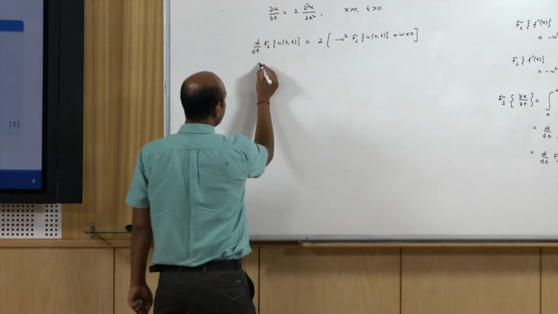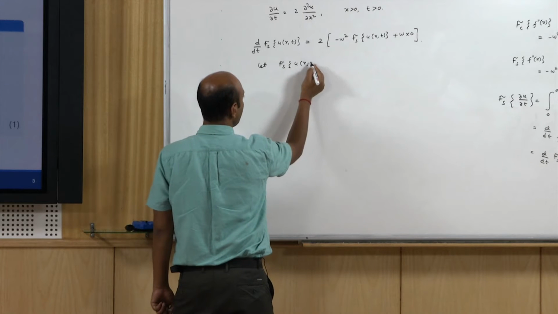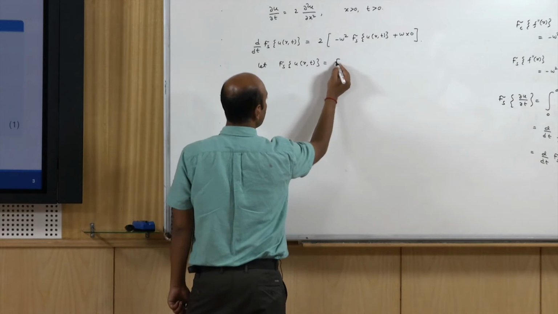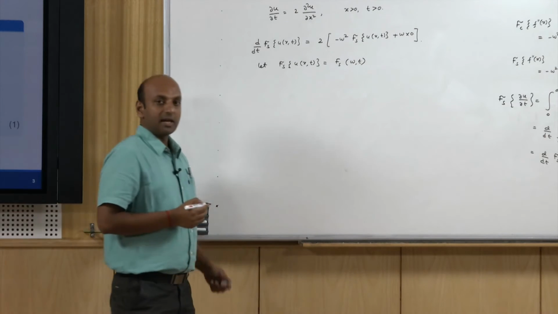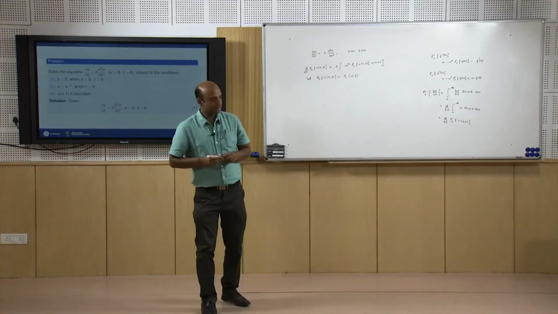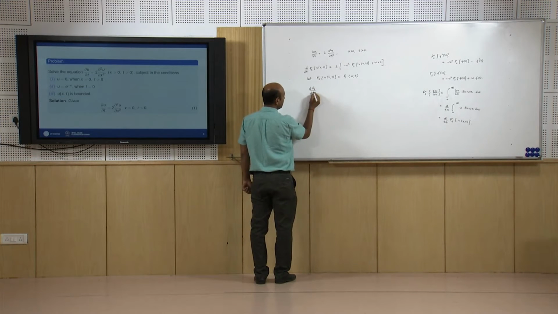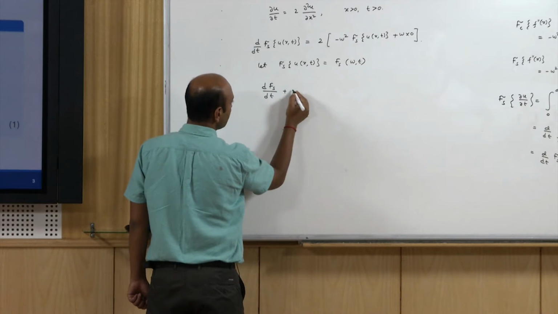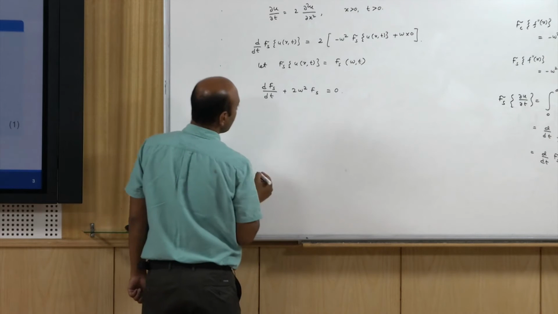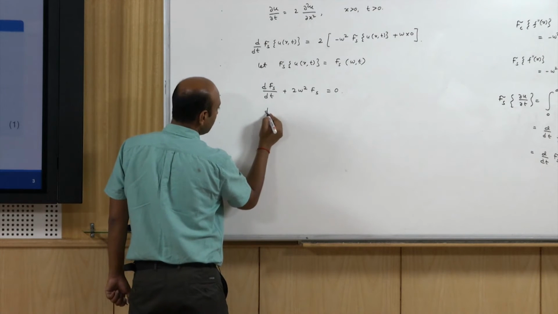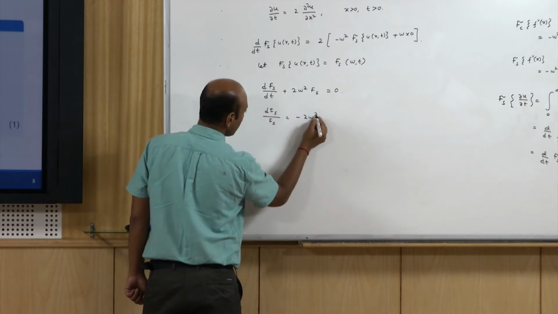Now, let the Fourier sine transform of u(x,t) be F_s(omega,t), because we are applying the Fourier transform with respect to x. So, that is dF_s/dt plus 2 omega square F_s equals 0. That implies dF_s/F_s is equal to minus 2 omega square dt.